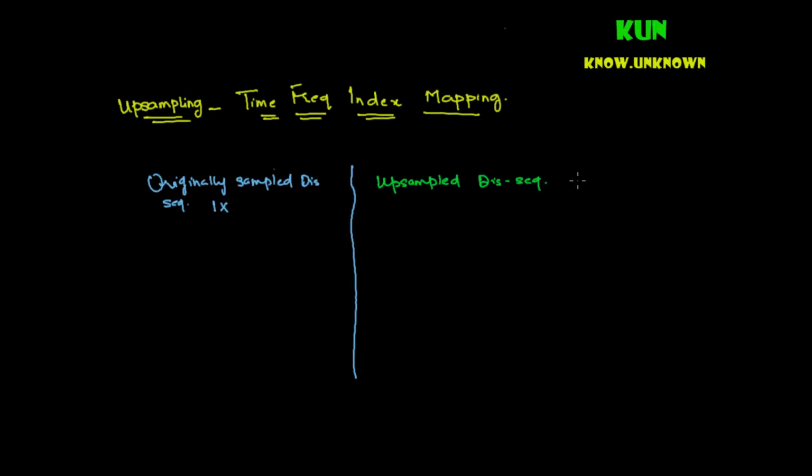Let us denote the sampling frequency of this one as f dash s, which is equal to 2 times fs, where fs is the original sample frequency.